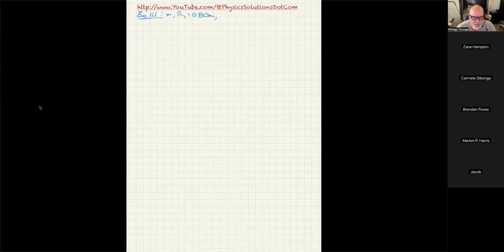What is the speed v2 of the mass now? So we've got r1 equals 0.80 meters, v1 equals 2.4 meters per second, and r2 equals 0.48 meters. And what we want to know is v2.